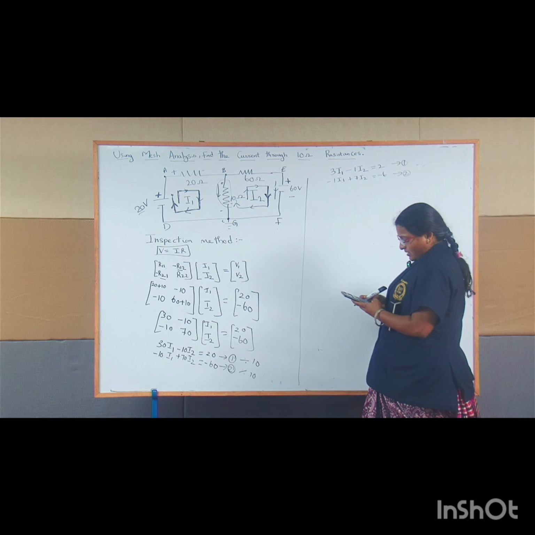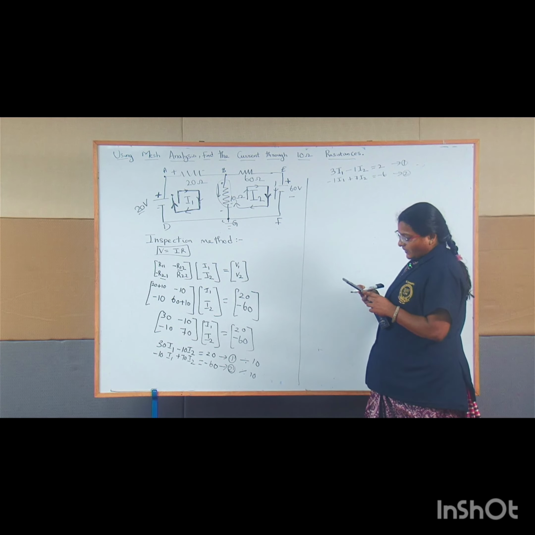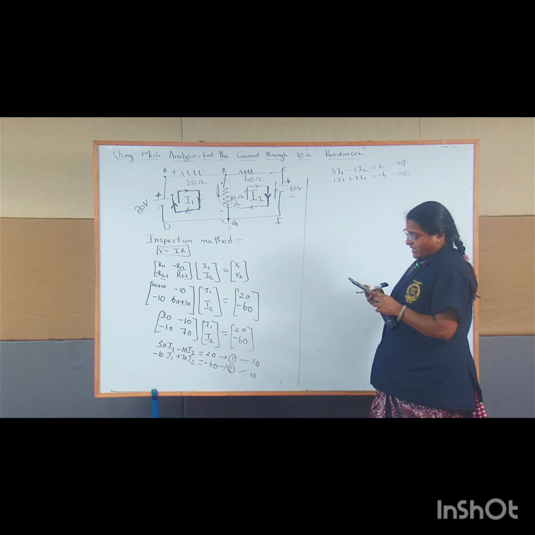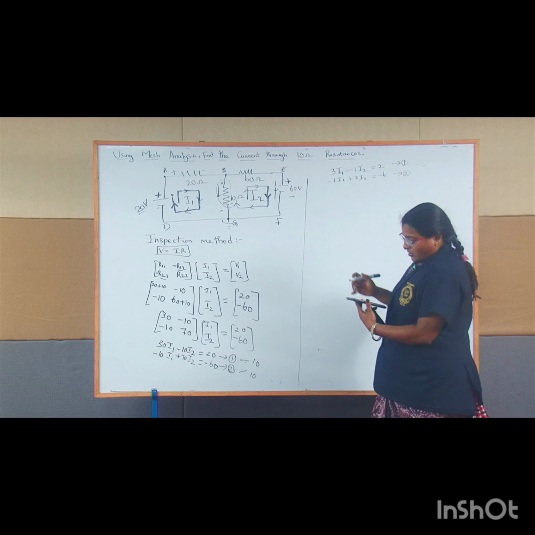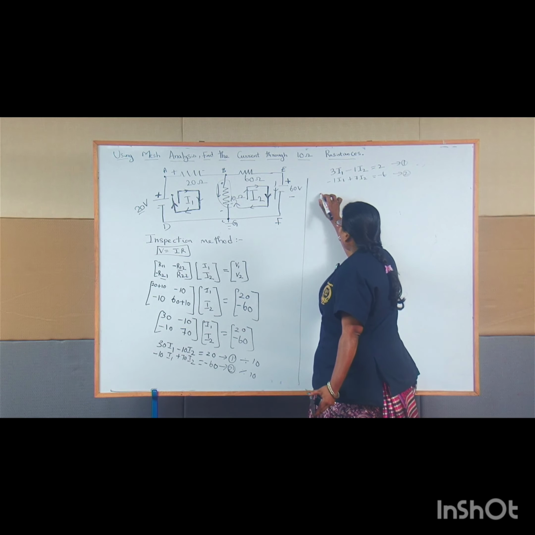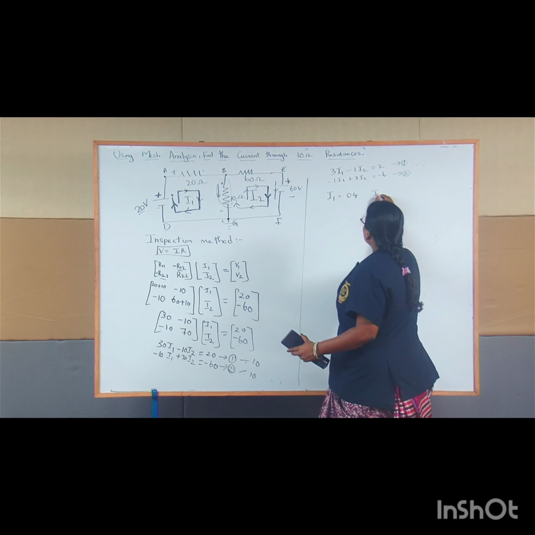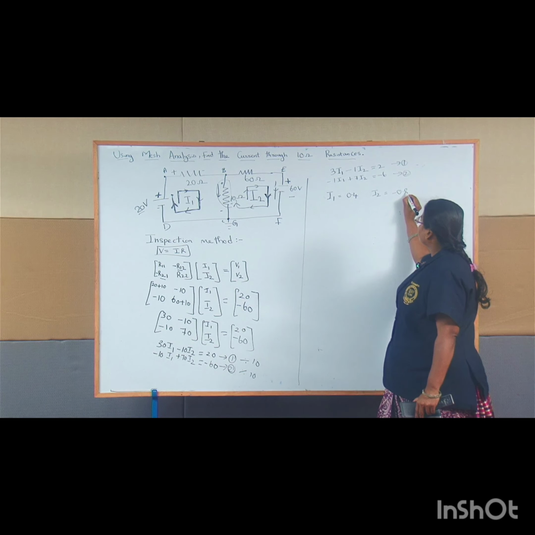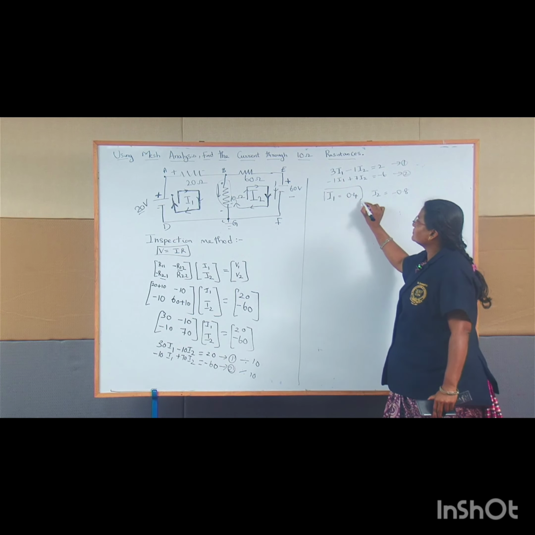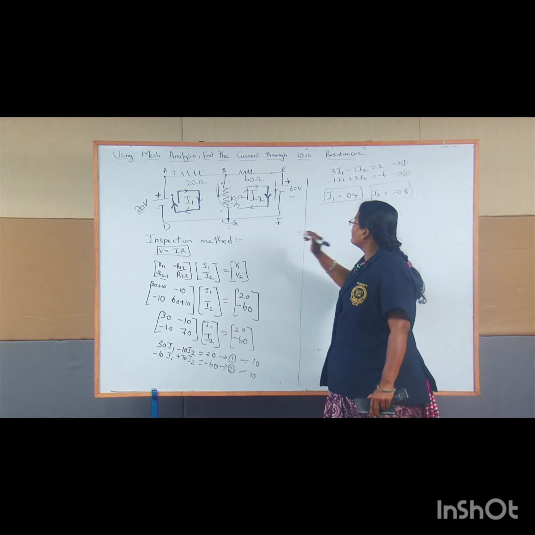A1 is 3, B1 is minus 1, C1 is 2, then A2 is minus 1, B2 is 7, then C2 is minus 6. Your x value, which means I1, is 0.4, and I2 value is minus 0.8. They asked for the current flowing through this 10 ohm resistor.